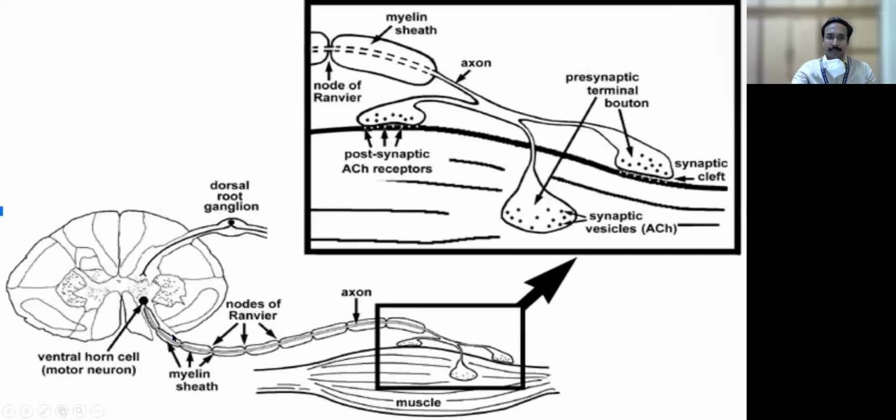As I was just mentioning, from the ventral anterior horn cell to the motor root and the motor nerve, the myelin stops, and the unmyelinated nerve fibers finally touch the muscle fiber. There is a presynaptic region, a synapse, and a postsynaptic region.